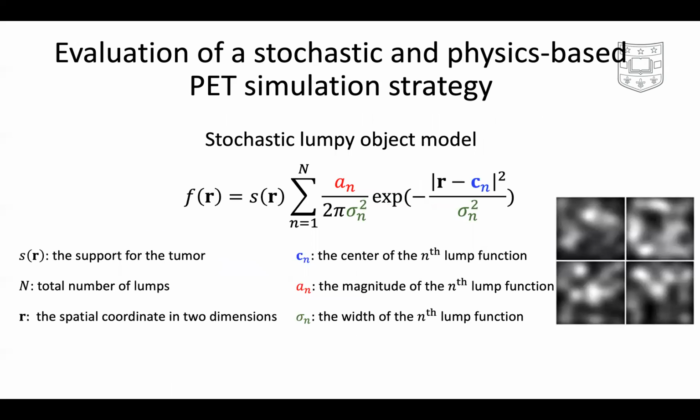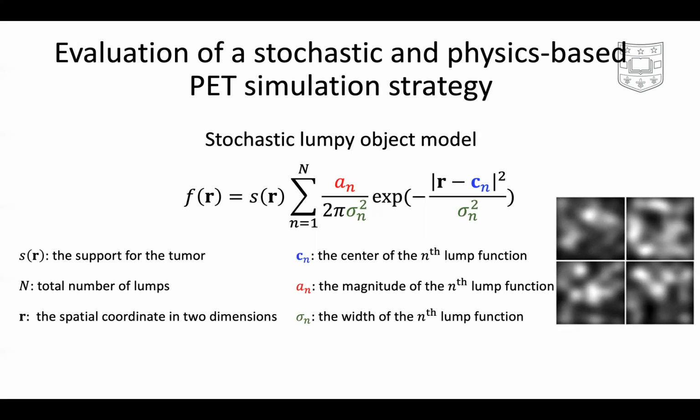We use the observation that the tracer uptake patterns within the tumor can be modeled as a combination of lumps, where the lump locations, amplitudes, and sizes are random variables. More generally, it is suitable to characterize the tracer uptake within the tumor as a random process. Thus, the intratumor heterogeneity was modeled using a stochastic lumpy object model, which is given by the equation here.